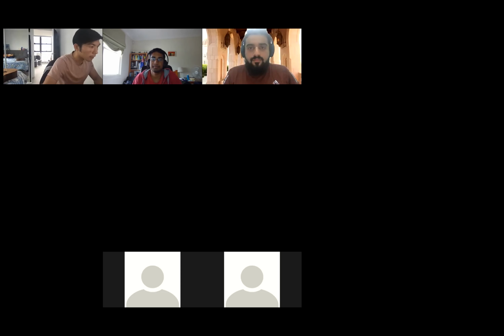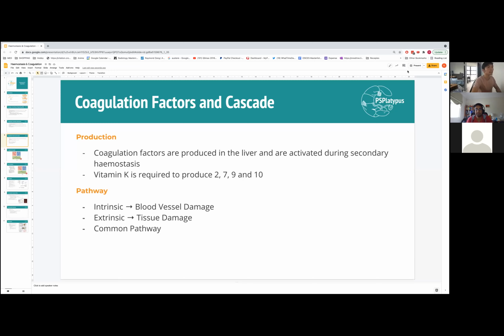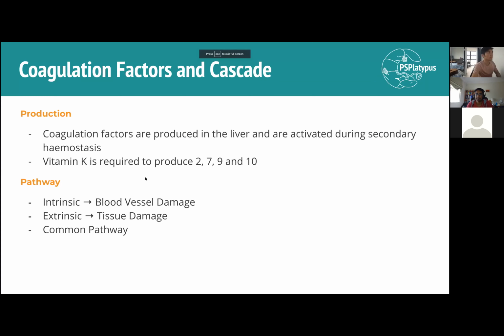Yep. All right, let's try this. Oh, nope. Check screens. Look, that works. Awesome. Oh, let me go back.